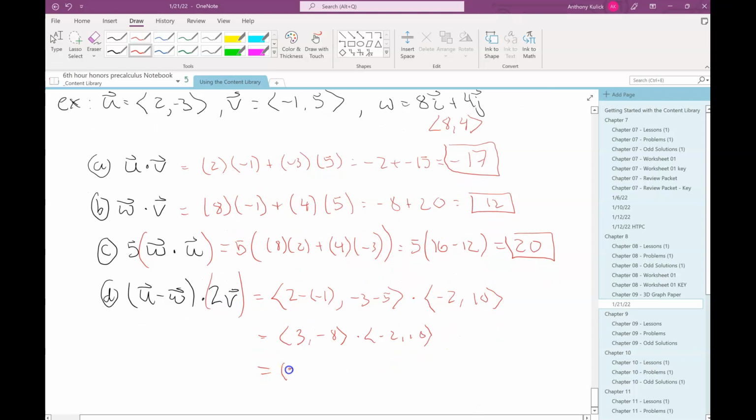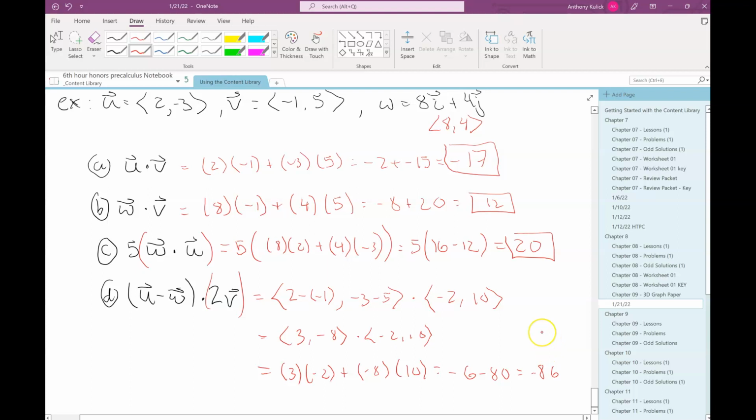Then when I do my dot product, I have 3 times -2 plus -8 times 10. That gives me negative 86.